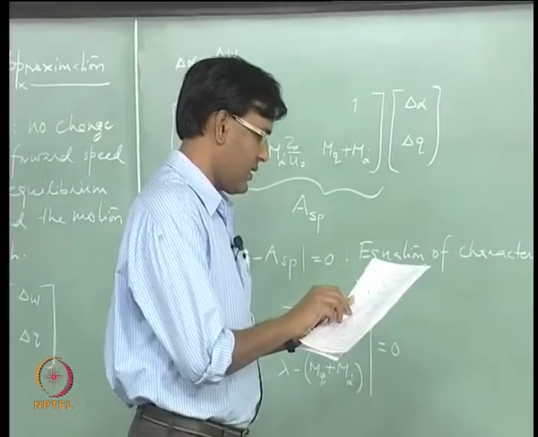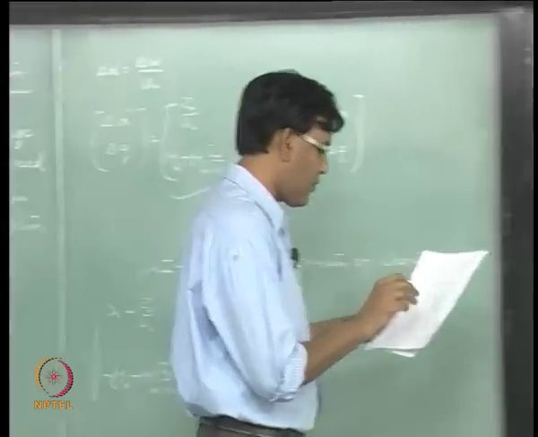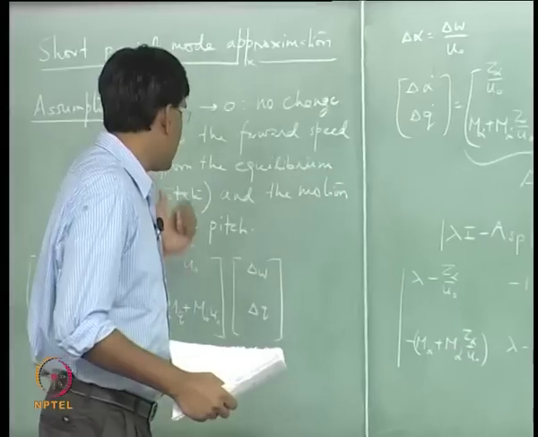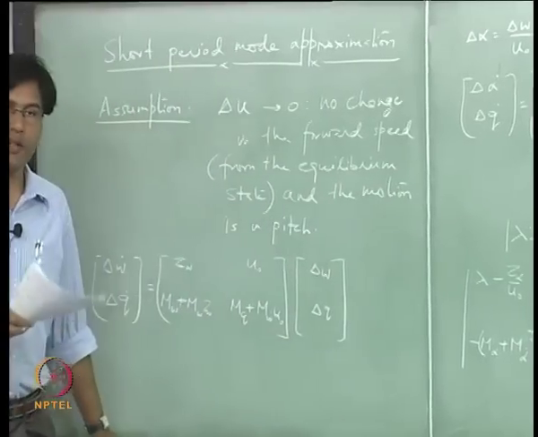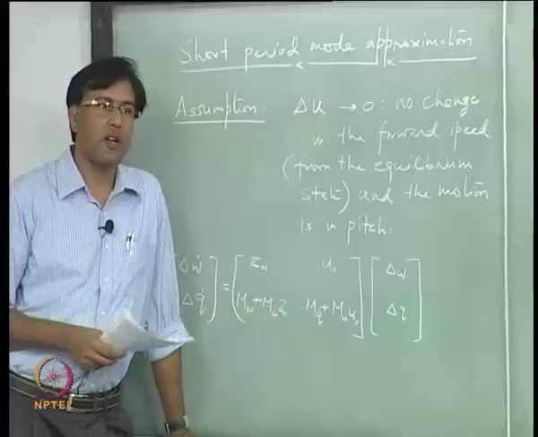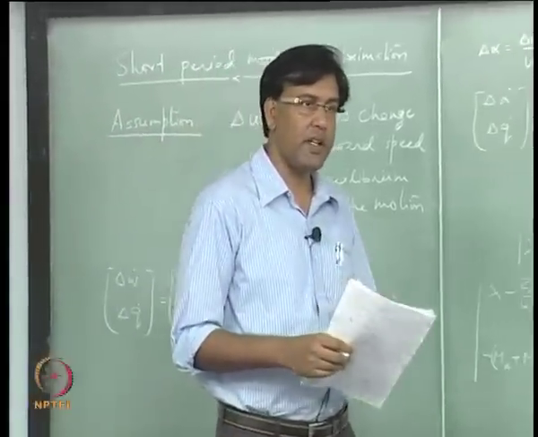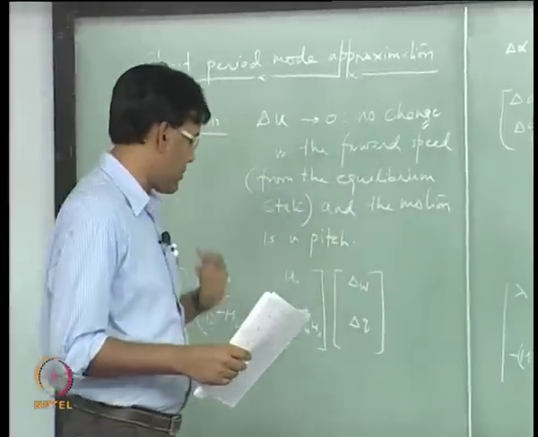Now, let us see. What we have done is, based on some approximations, we have come down to simpler models where we have found expressions for damping and frequency for the phugoid and short period modes.